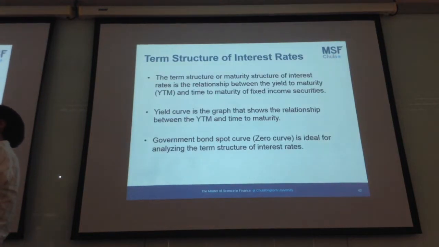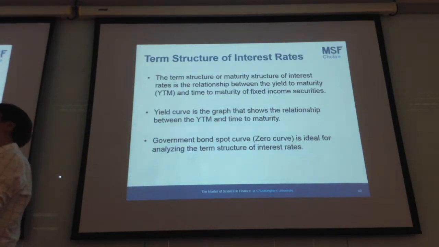Why the shape can change, we'll talk about that later. Sometimes, instead of the term structure, we may use the term yield curve instead. These two words can be used interchangeably. Yield curve or term structure of interest rate.